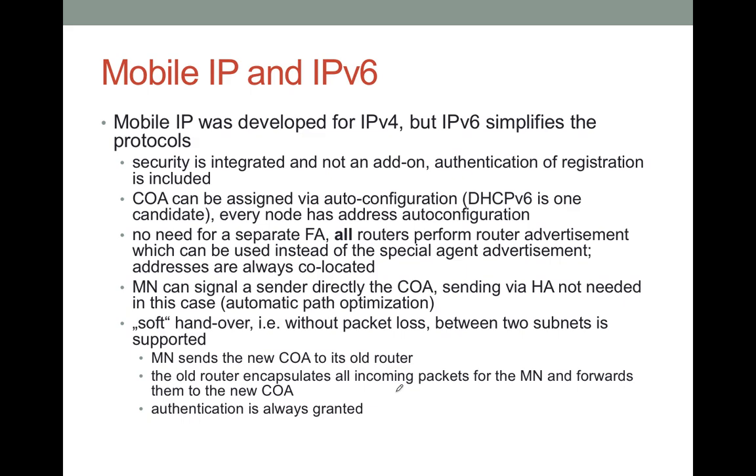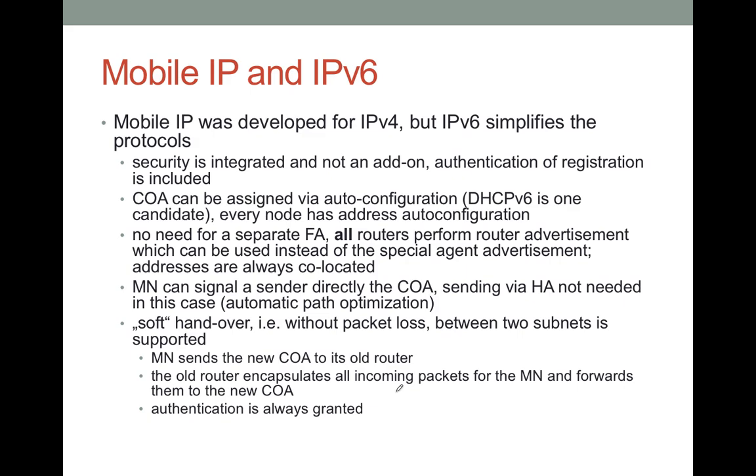In IP version 6, they actually cover mobile IP already. Security is integrated and not an add-on. Authentication of registration is included, meaning that in IP version 6 you don't worry about security because that is part of the IP version 6 packet.